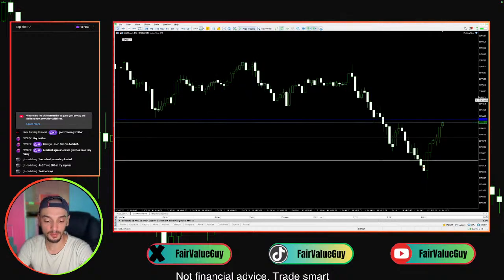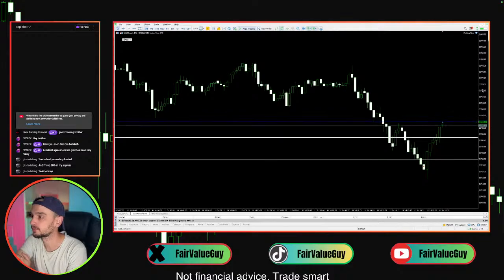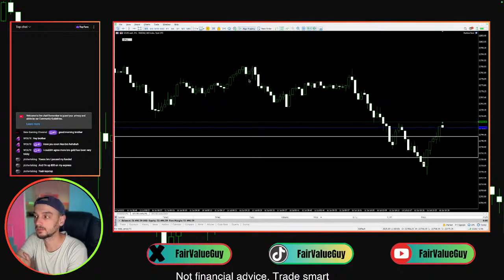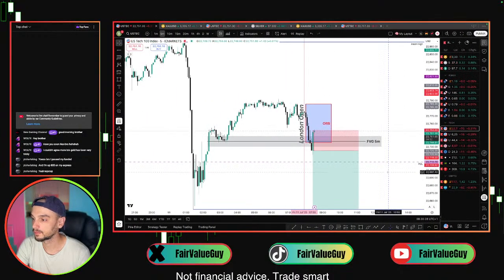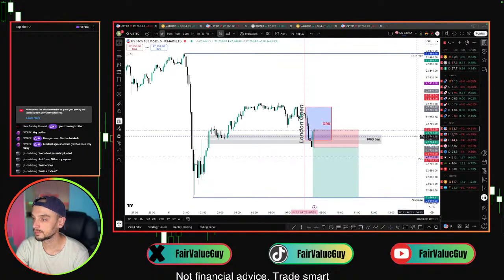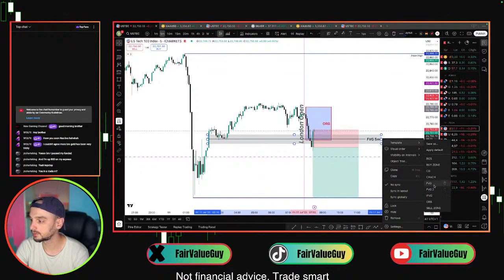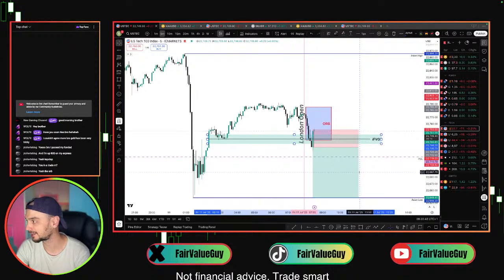Did you use the ORB or what did you use to pass it? I don't know. Our stop loss was very small. I think our stop loss was good. We inverted this one. I know why this happened, because we didn't mark it as inverted, and the market didn't know.